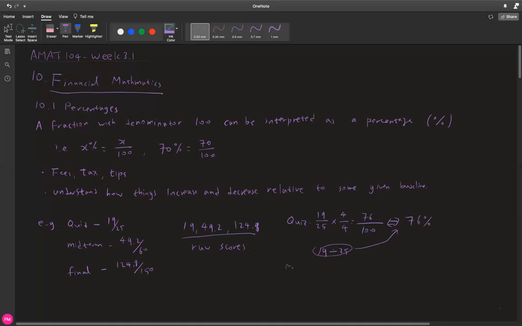For your midterm, you received 49.2 over 60. And simply by plugging in the calculator, you should receive something like 0.82. And what does that equate to? That equates to 82%.